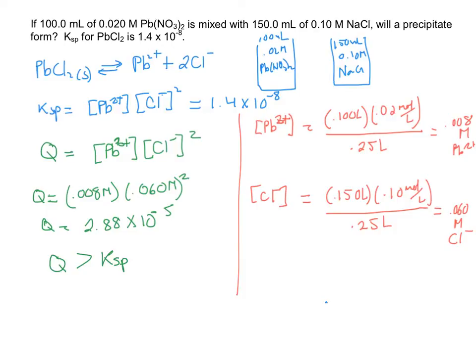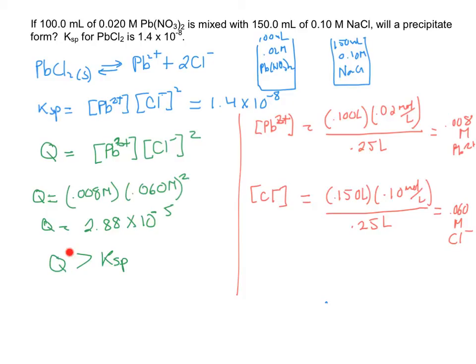And so right now my Q is way larger, right? What does that mean? That means my products are way larger than they would be at equilibrium. And so that means that a precipitate will form.